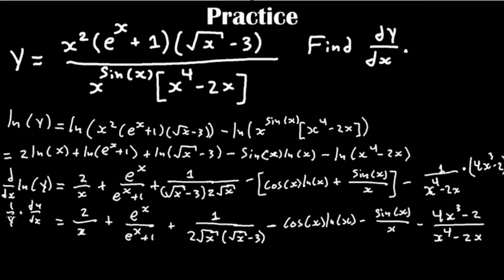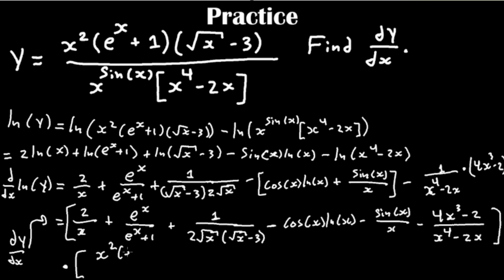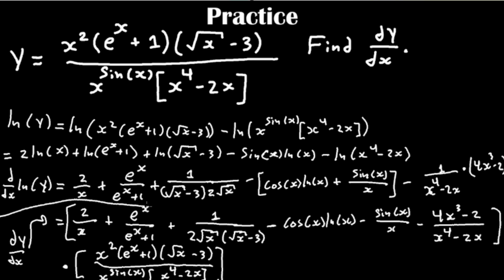So then, to get rid of that 1 over y, we just multiply everything by y. So our final answer is going to be that our derivative is equal to all of this stuff times our original function. That's kind of the theme. You're always going to have to multiply by your original function in the end, which is this. Okay, so this is our derivative.